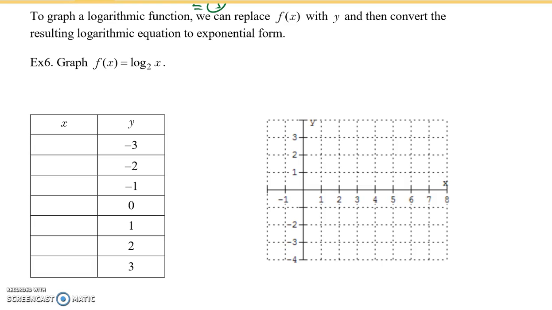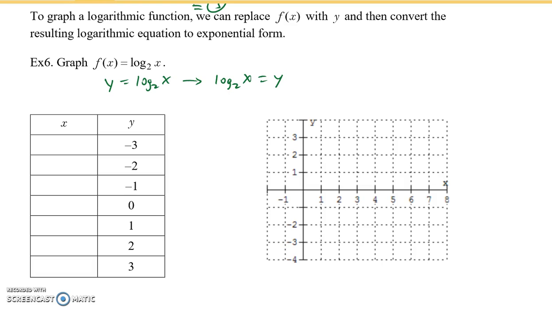If we replace f of x with y and write y equals log base 2 of x, let's rewrite that as log base 2 of x equals y, just switching the two sides around.